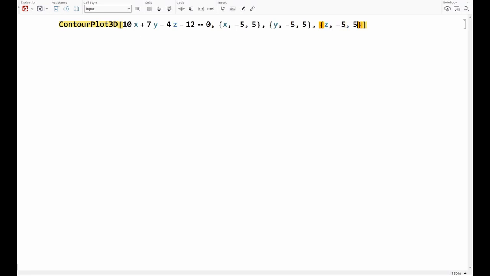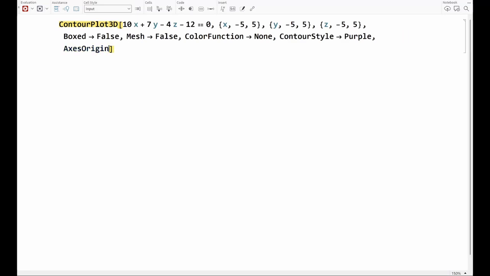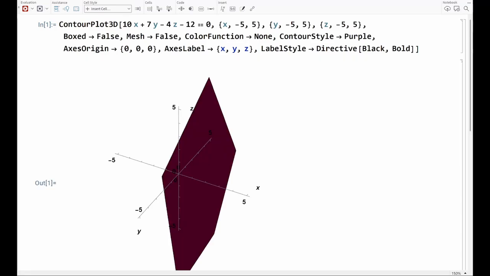Let me do it this way. And let's change the viewpoint.